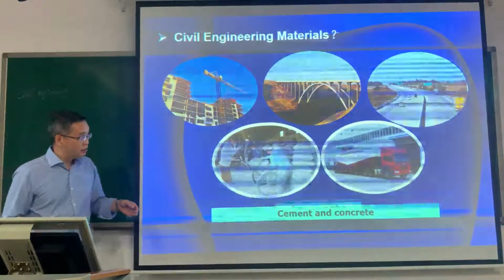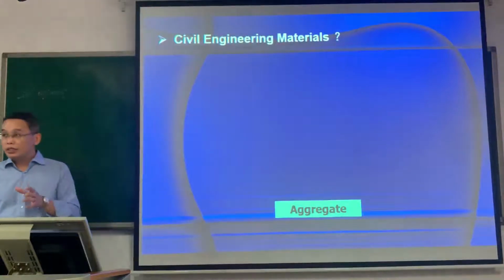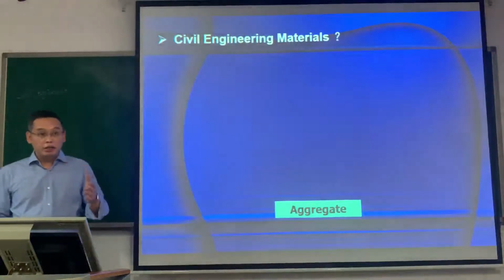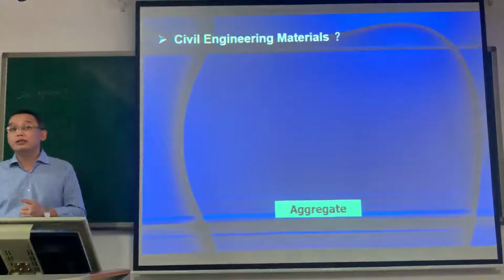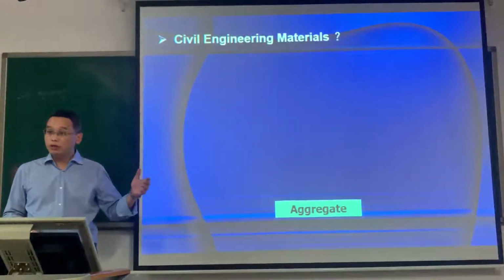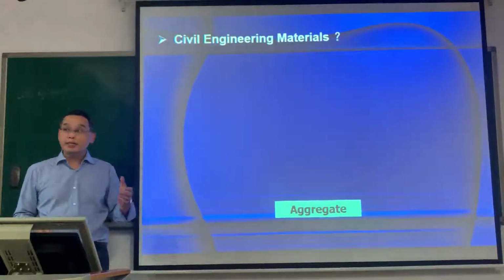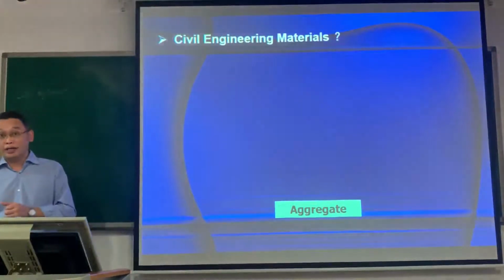And the second is about the aggregate. The aggregate consists of two kinds. The first one comes from nature, so we call it the natural aggregate. The second one is the man-made aggregate.